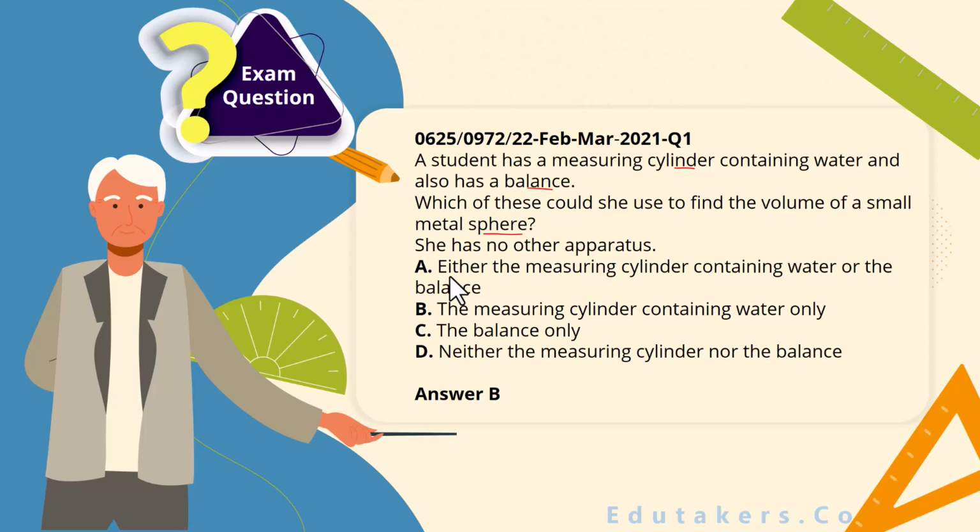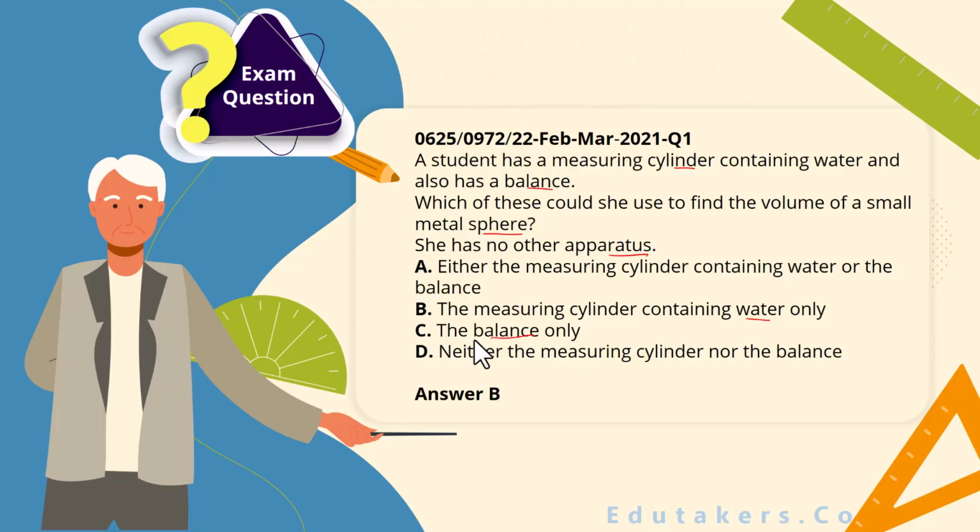Either a measuring cylinder containing water and also the balance. She has no other apparatus. Option A, either the measuring cylinder containing water or the balance. B, the measuring cylinder containing water only. C, the balance only. D, neither the measuring cylinder nor the balance.